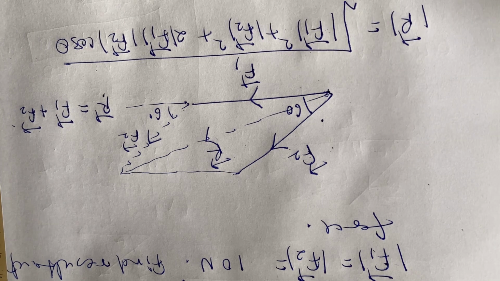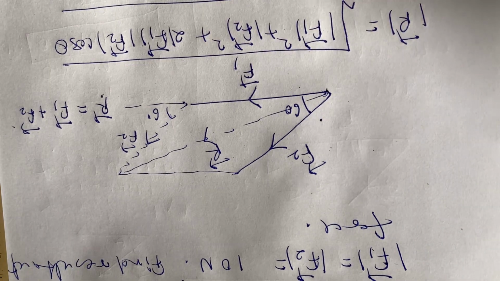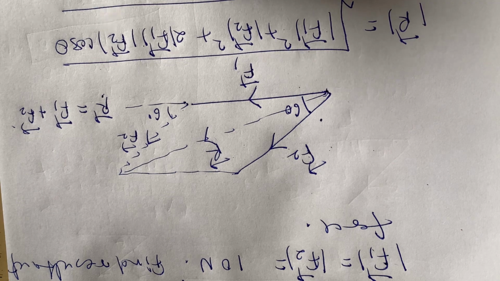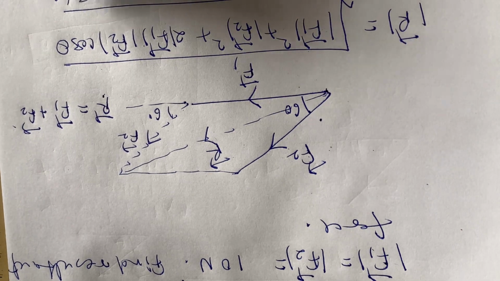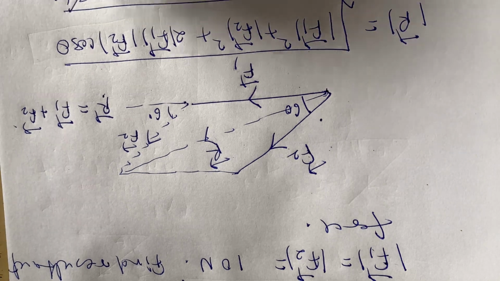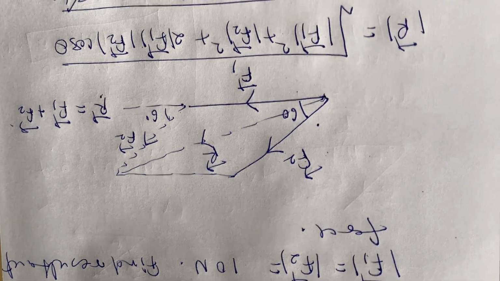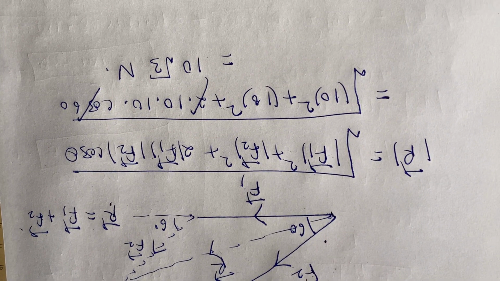This equals 10 square plus 10 square plus 2 into 10 into 10 into cos 60, which is 1 by 2, cancel out, which is 10 root 3 Newton. So the resultant will be 10 root 3 Newton.